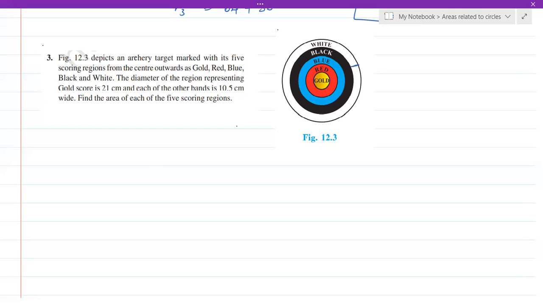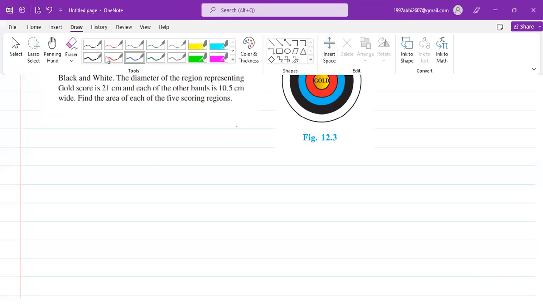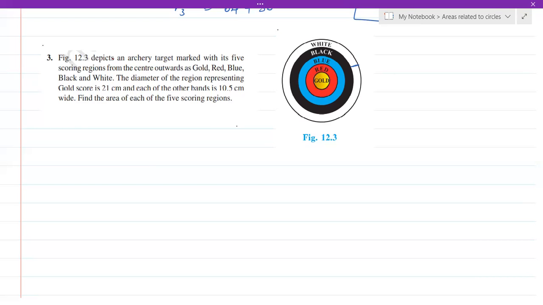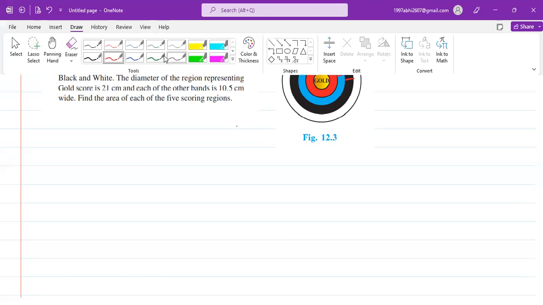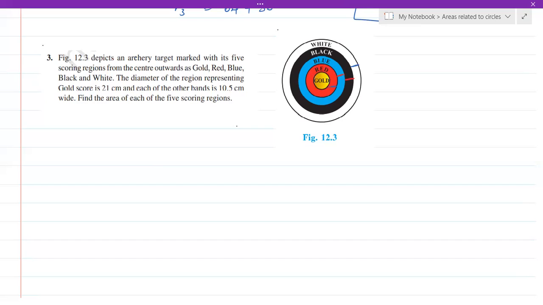Let me use red. This width is also 10.5. This width is also 10.5, and this width is also 10.5. Each band width is 10.5.